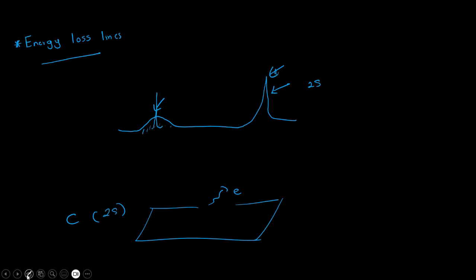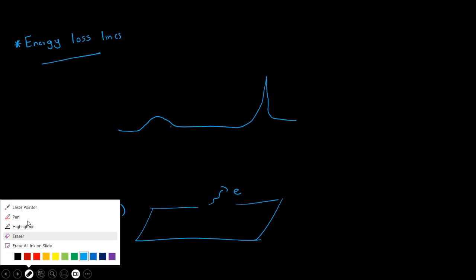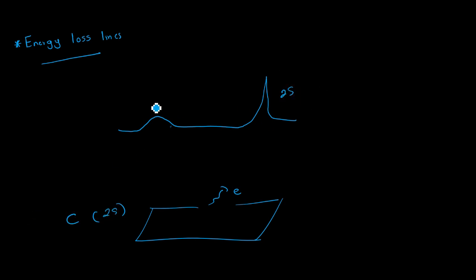Sorry, let's erase this. So this hump over here, we call this hump line the energy loss line. Always remember, these energy loss lines come with higher binding energy. So here we have the binding energy. This energy loss line, don't be fooled by the name, right?